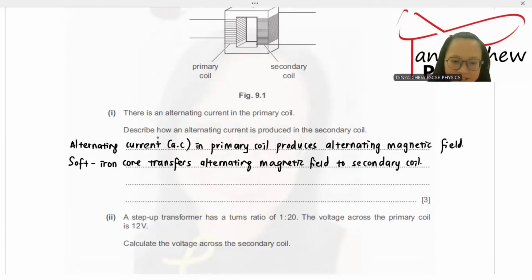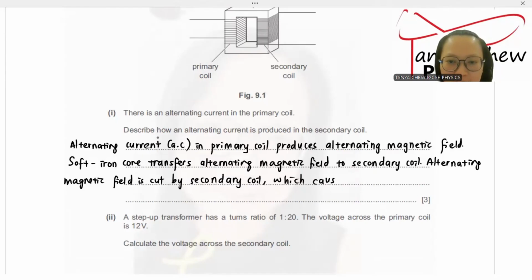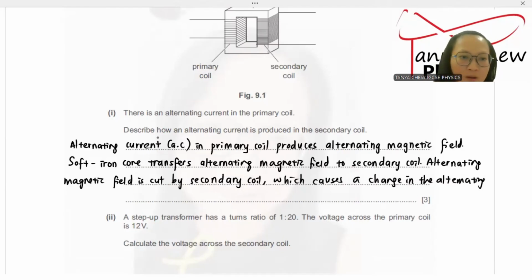And what happens is that this alternating magnetic field is cut by the secondary coil, which causes a change in the alternating magnetic field.